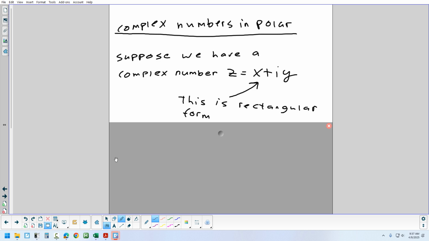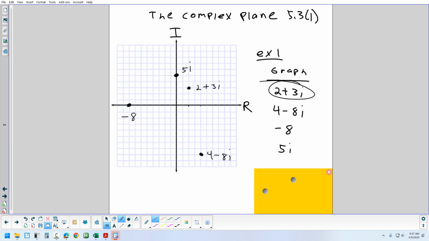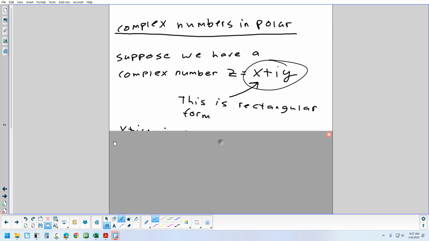I know normally you put i after the Y, but I put it before the Y. It doesn't really make a difference, but I'm trying to match what's in your book. So this is just a complex number: real part, imaginary part. That's rectangular form.